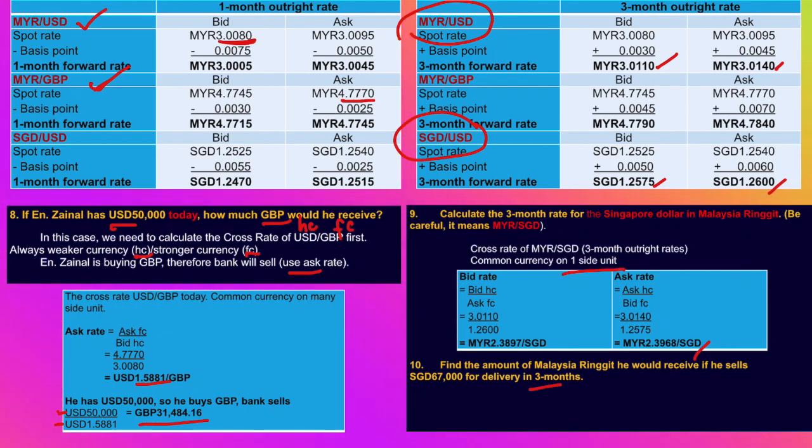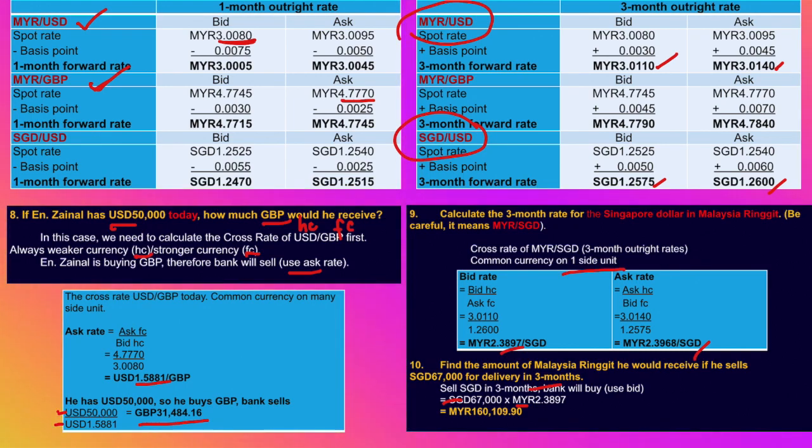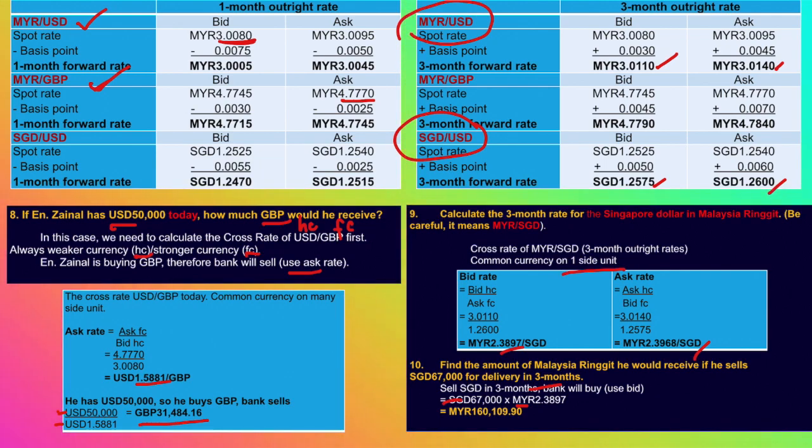Okay, so for bid rate 3 months, this one, 67,000 times 2.3897 because different currency, Singapore dollar and Malaysia ringgit. So you have to multiply and you will get Malaysia ringgit 160,109 ringgit and 90 cent.